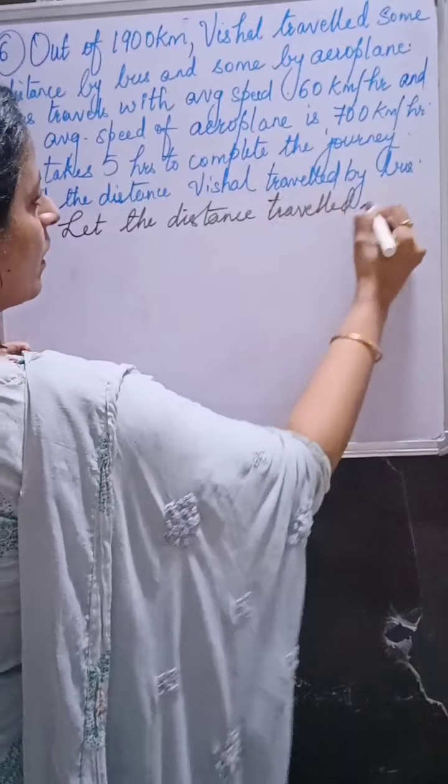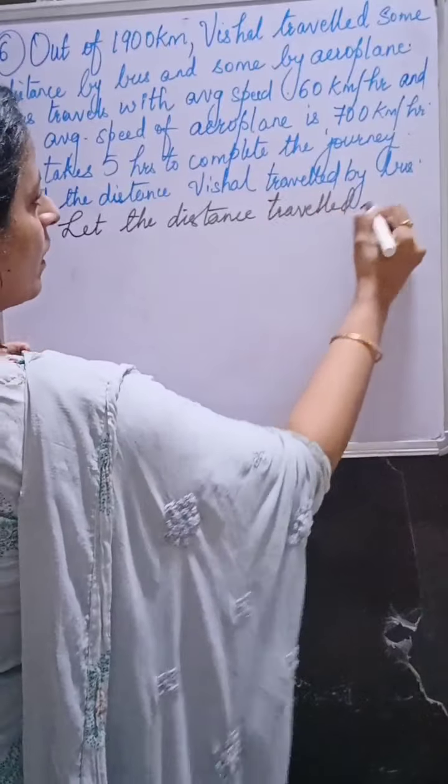Okay. So x kilometer distance travelled by bus and y kilometer distance travelled by aeroplane. And what was the total distance travelled? Total distance is 1900 kilometer.